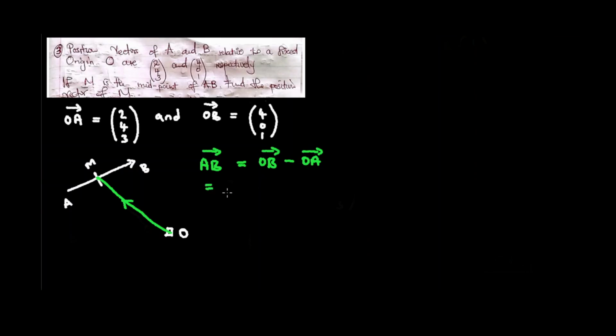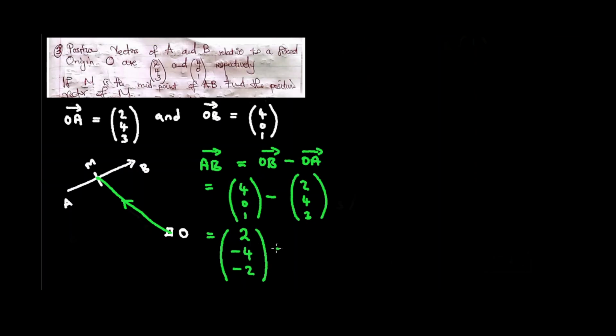So what is OB? OB is (4, 0, 1) subtracting OA, (2, 4, 3). This is equal to (4 minus 2, 0 minus 4, 1 minus 3), which is (2, minus 4, minus 2). So we can write our answer like this, or we can improve the answer.